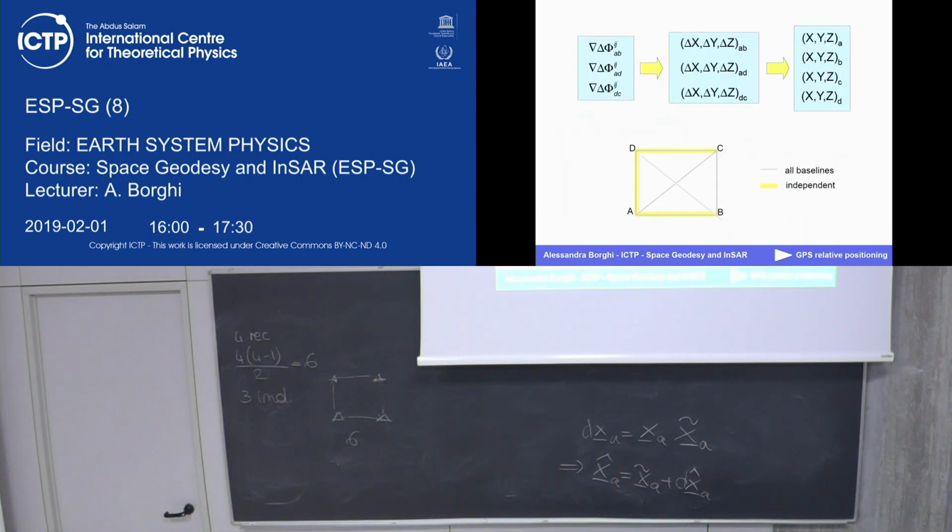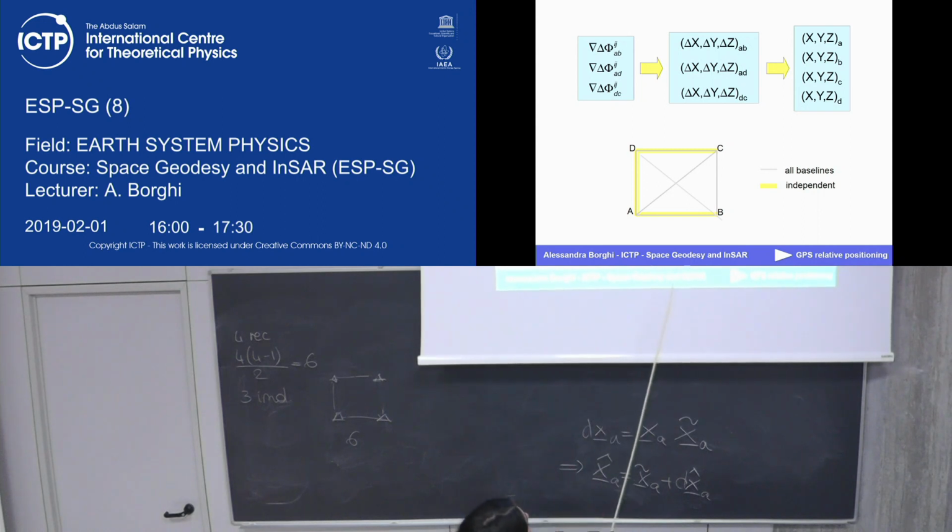So just to say, we have this square and we have 4 receivers. We can compute these double differences, and from these double differences we can compute the baseline components, and from these baseline components we are going to see how we can obtain the coordinates of the point.